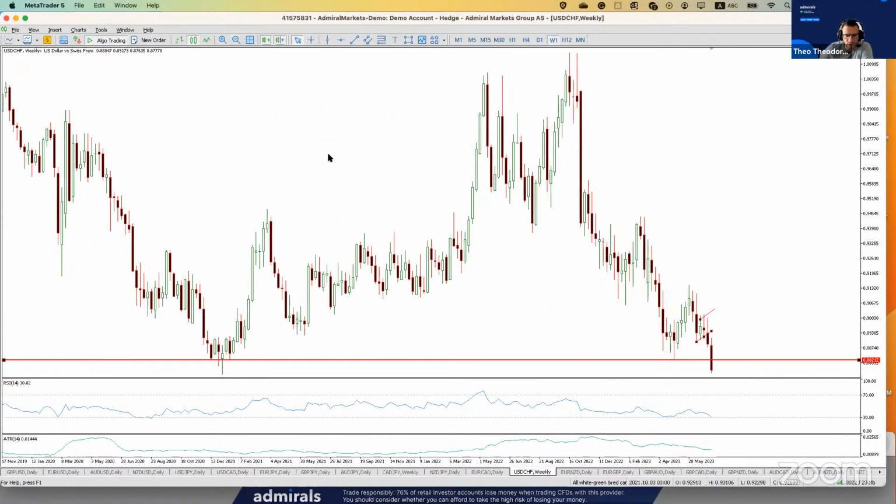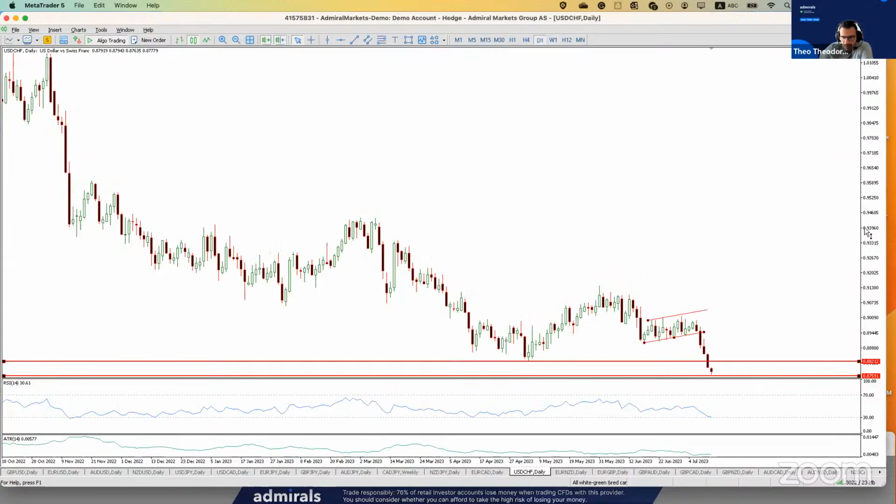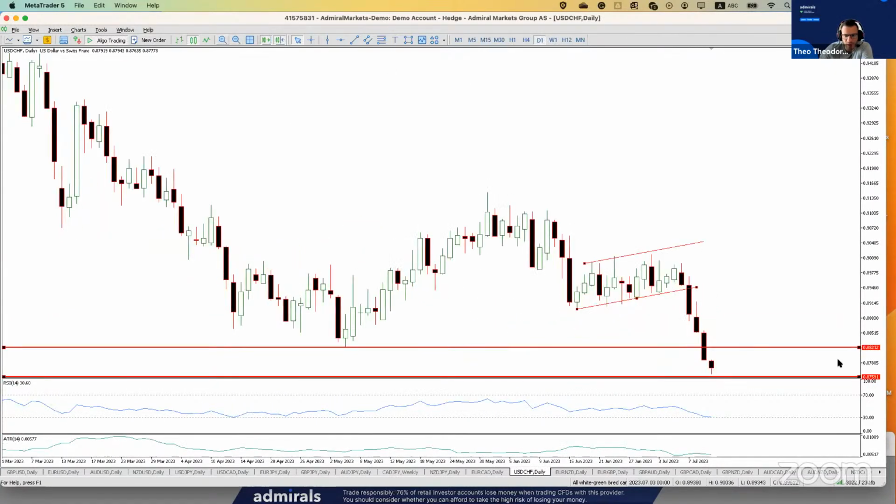We need to zoom out to find the next one. Next one is this one here. So these are the supports. Price is very close to both of them. So I'm going to keep selling this unless we break outside of this support.